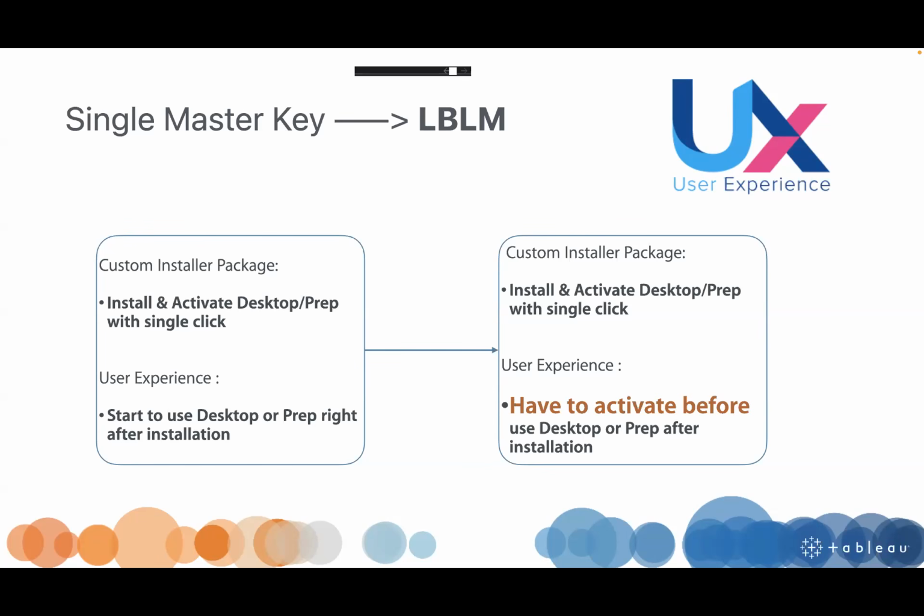So if they install the package again, and quite a few users already did, their individual license key is deactivated and they are enforced with the new LBLM. They are good. They are using LBLM already.